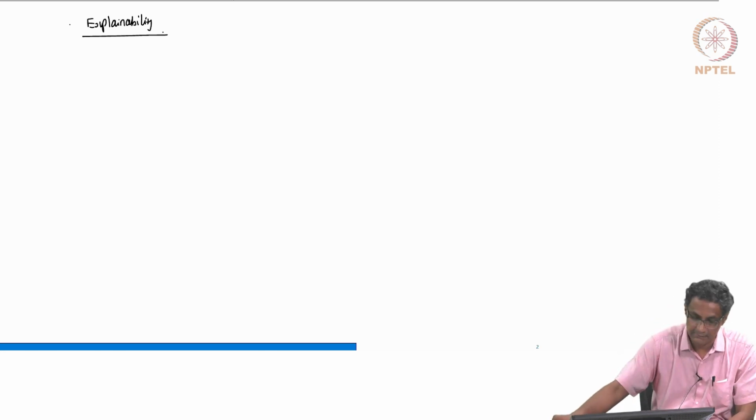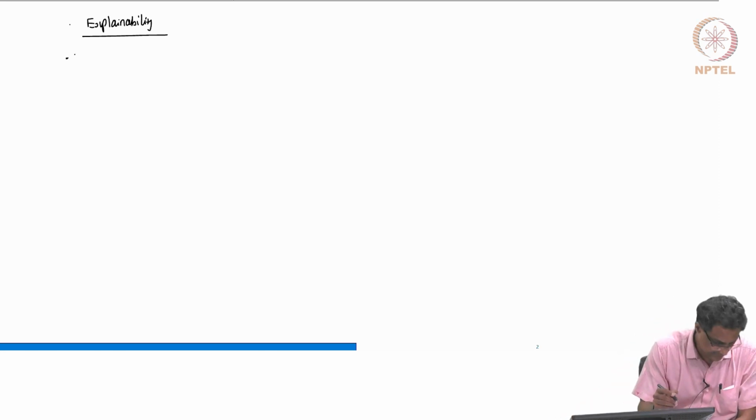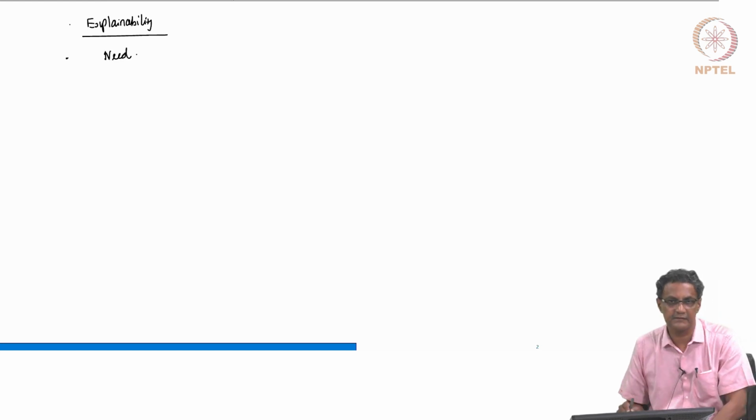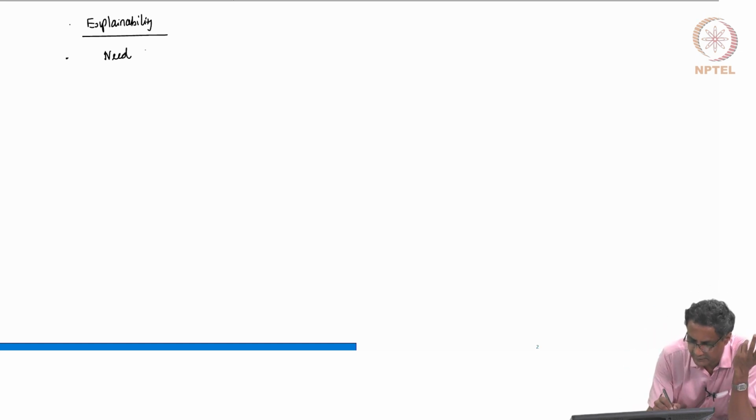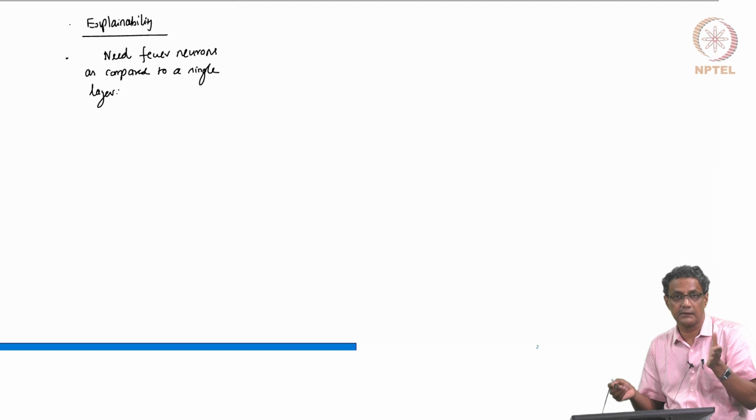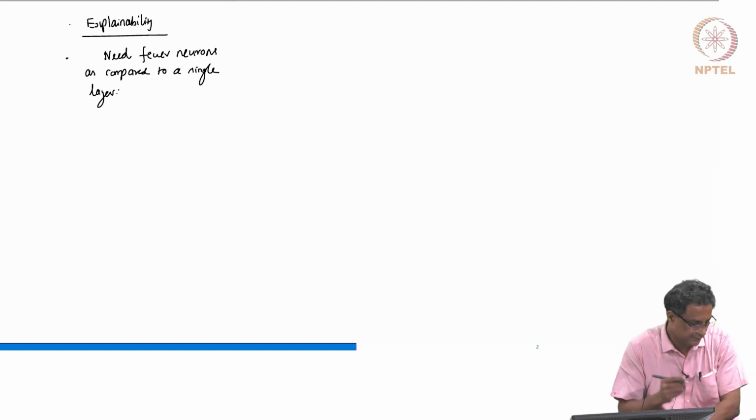And therefore explainability matters. And then the other thing, which is more of an empirical evidence, is that you in fact end up using fewer neurons than a single layer. Again, this is all empirical evidence, and if you want, you should go and read further about these things, but what has typically been found is that instead of having just one hidden layer, you end up using a fewer number of neurons if you have a deeper network.